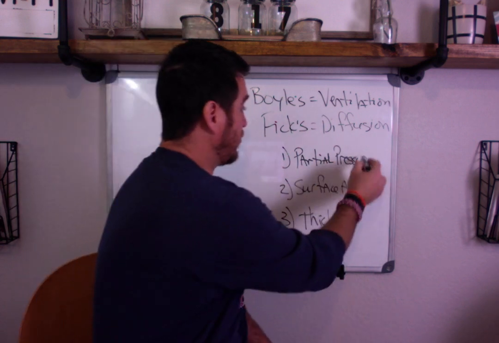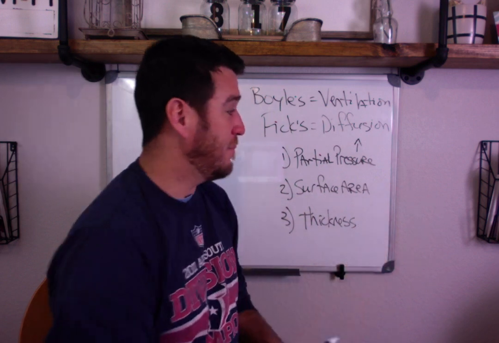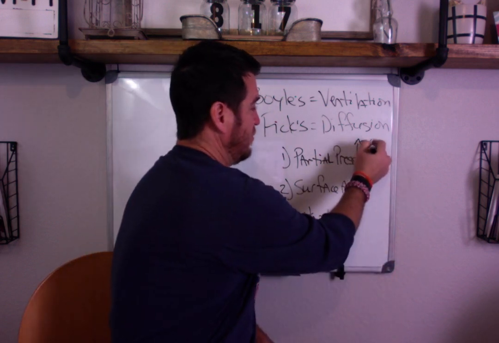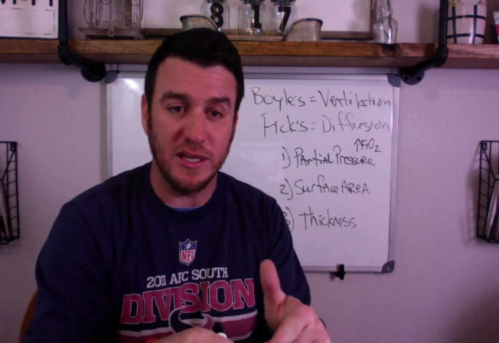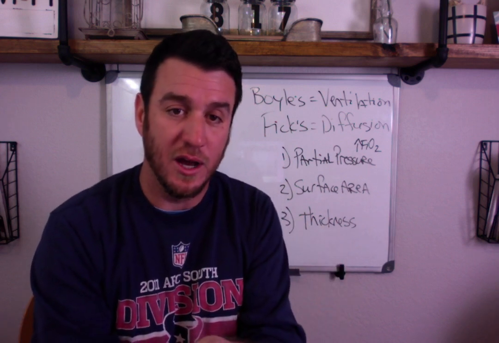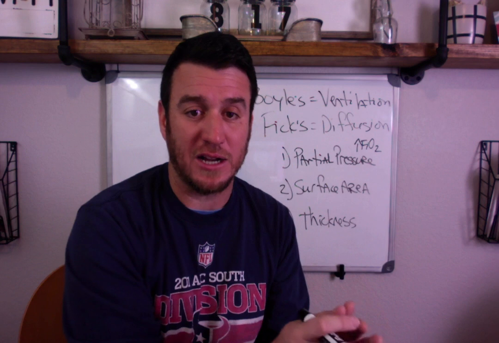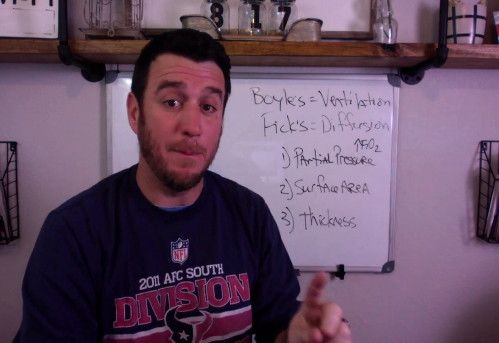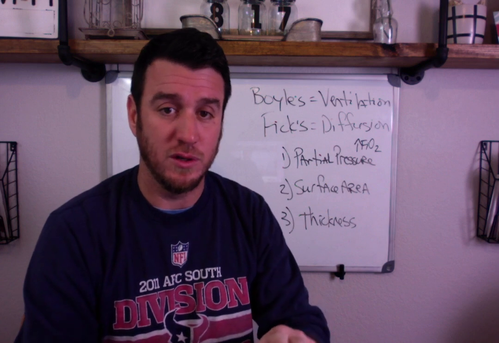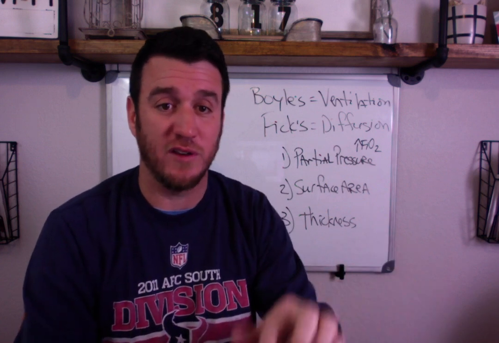If you increase the amount of FiO2 being inhaled, then you increase the partial pressure of alveolar oxygen. So you have an increase in your PAO2, alveolar partial pressure of oxygen.